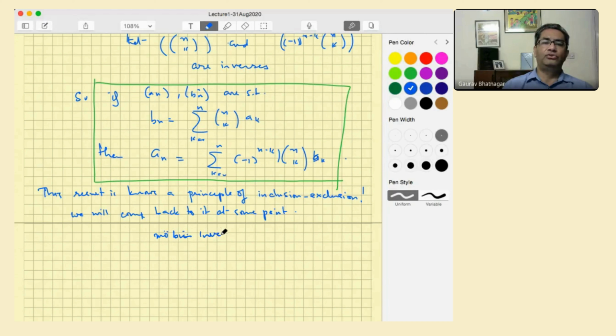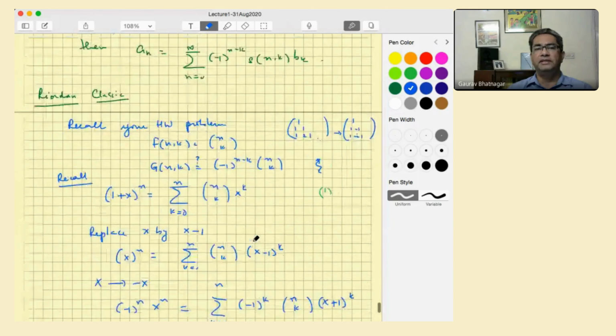We will see all those contexts. It's at the heart of what are called sieve methods, sieve methods in number theory. It's a very, very elementary kind of thing, but it's extremely useful.